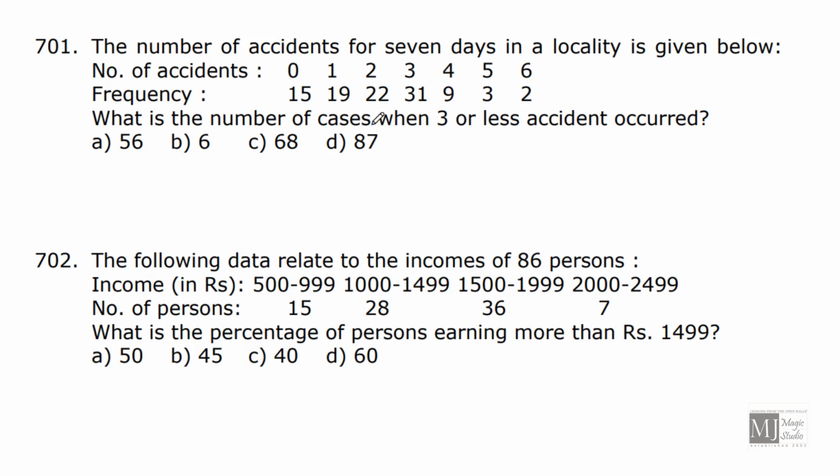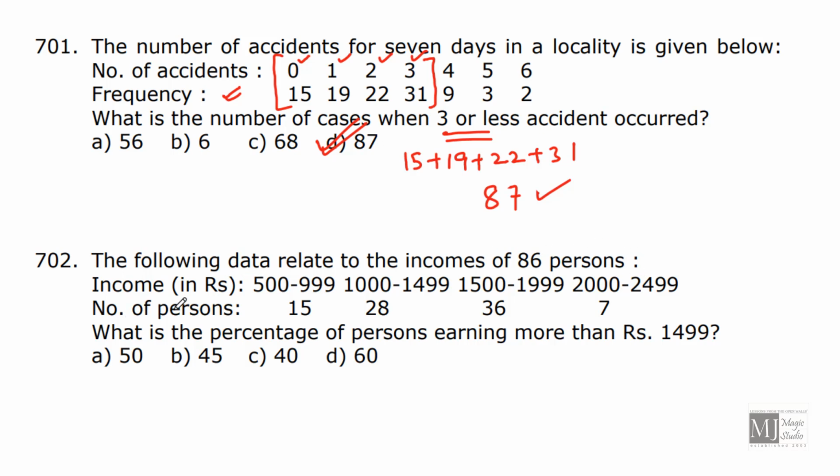What is the number of cases when 3 or less accidents occur? For 3 or less, we just need to add up the frequencies for 0, 1, 2 and 3. 15 plus 19 plus 22 plus 31 is 87.